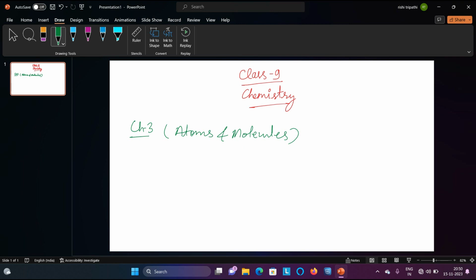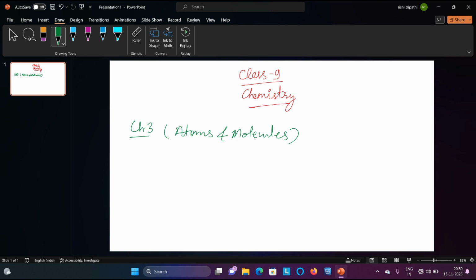And the third postulate was that atoms of a given element are identical in mass and chemical properties.